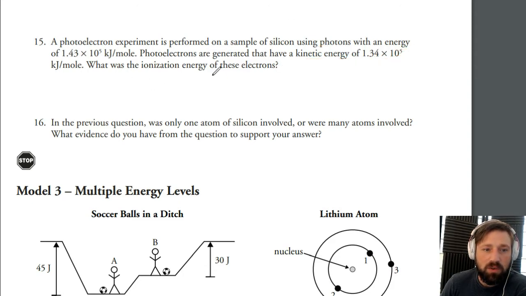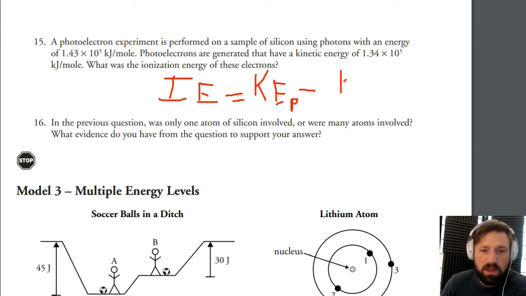We have our two things. If we wanted to rearrange that equation, it would be the ionization energy equals the kinetic energy of the photon minus the kinetic energy of the electron.